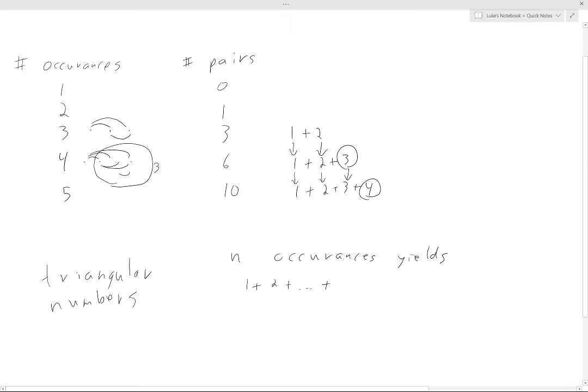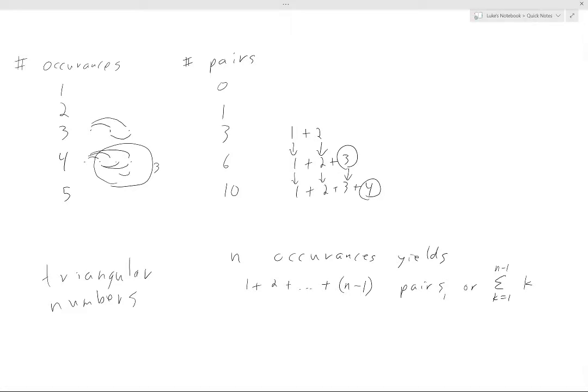So we get up to 1 plus 2 plus all the way up to n minus 1 pairs. And so this is equal to the sum from k equals 1 to n minus 1 of k. And so this number is the n minus 1 triangular number.